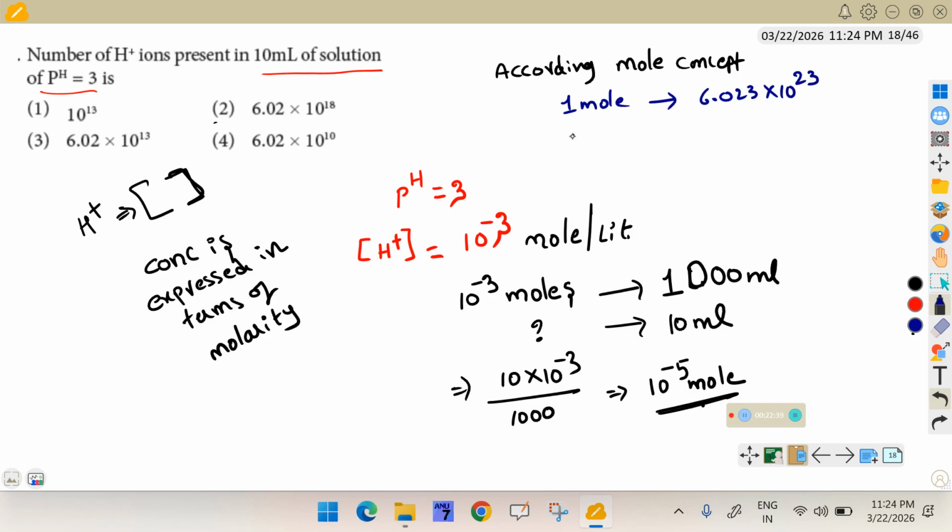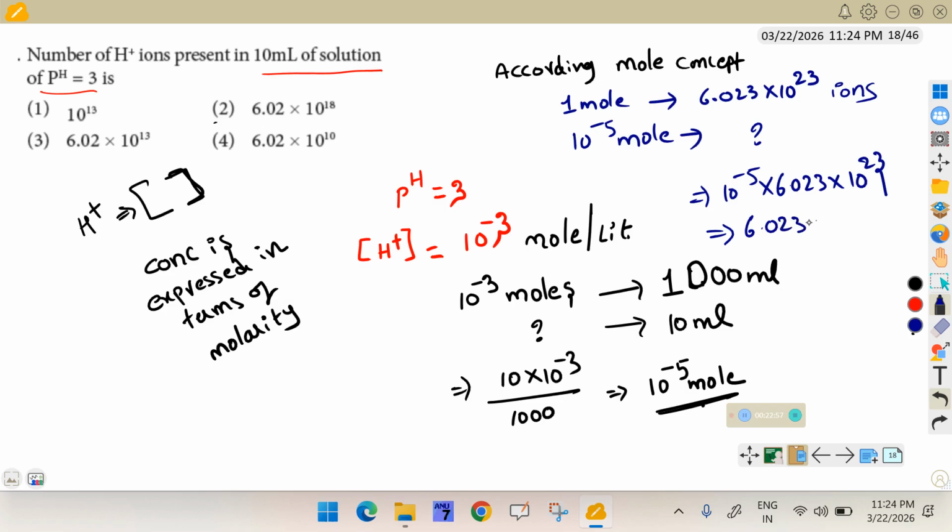Then for 10 power minus 5 moles of H plus ions, how many ions are present? 10 power minus 5 into 6.023 into 10 power 23. Then 6.023 into 10 power 18. Second option is correct.